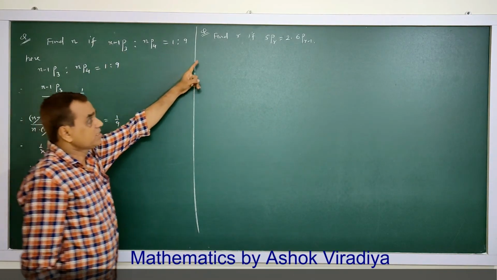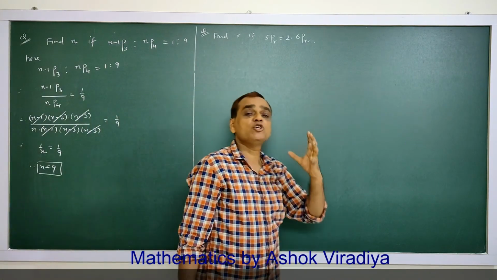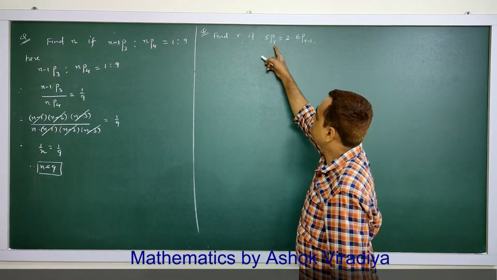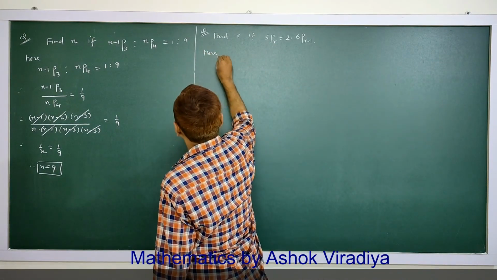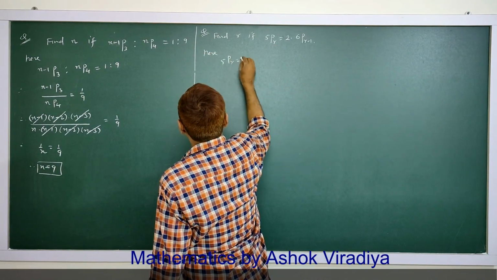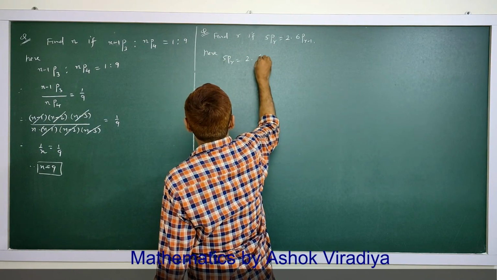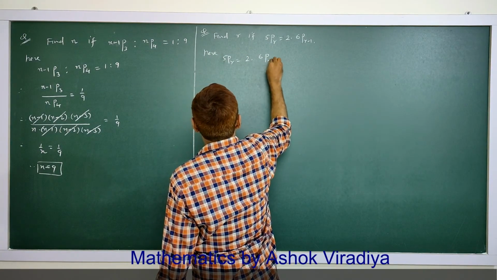Now in this question, we want the value of r. 5Pr is 2 times 6P(r minus 1).